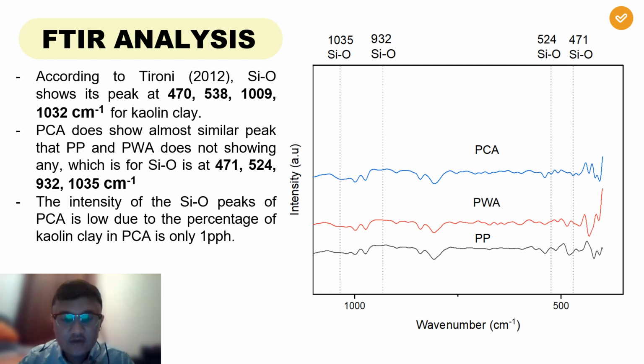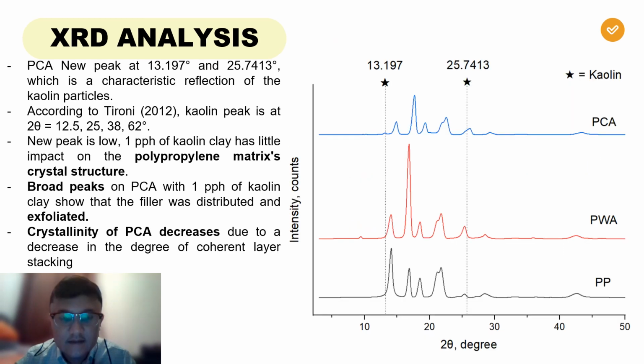PCA does show almost similar peaks, while PP and PWA do not show any, which is for SiO at 471, 524, 932, and 1035 cm. The intensity of the SiO peaks of the PCA is low because the percentage of kaolin clay in PCA is only 1 pph.